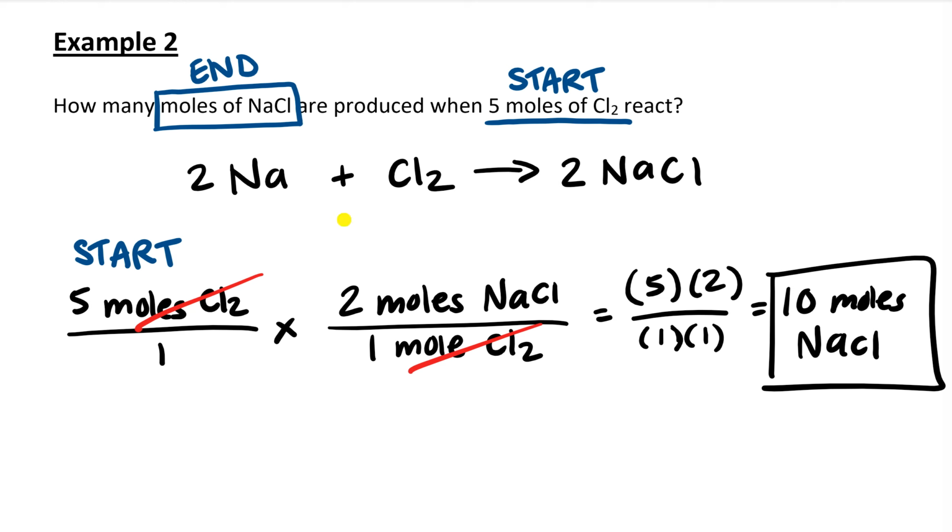So we're just essentially multiplying everything here by 5. And we know that sodium chloride is always going to have to be double the amount of chlorine because the coefficient of sodium chloride is twice the coefficient of the chlorine. So here you have it. Here is your dimensional analysis work for your very first stoichiometry problem.